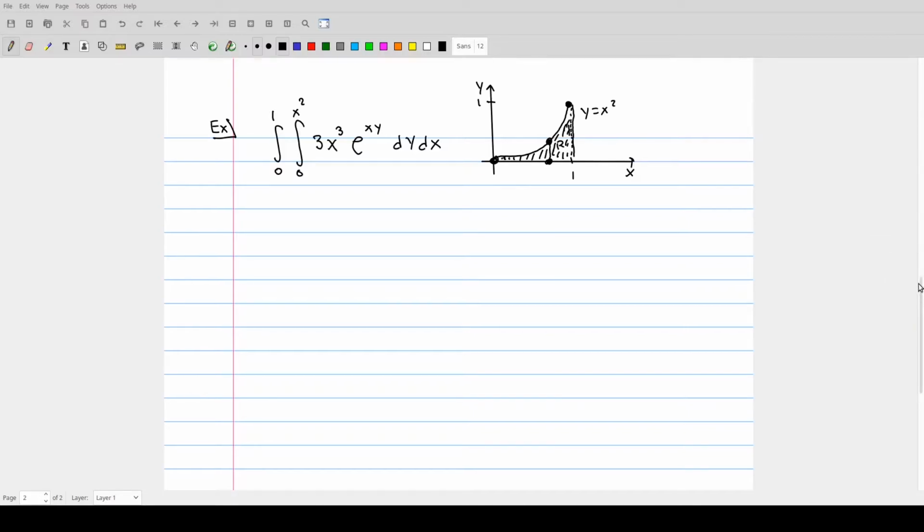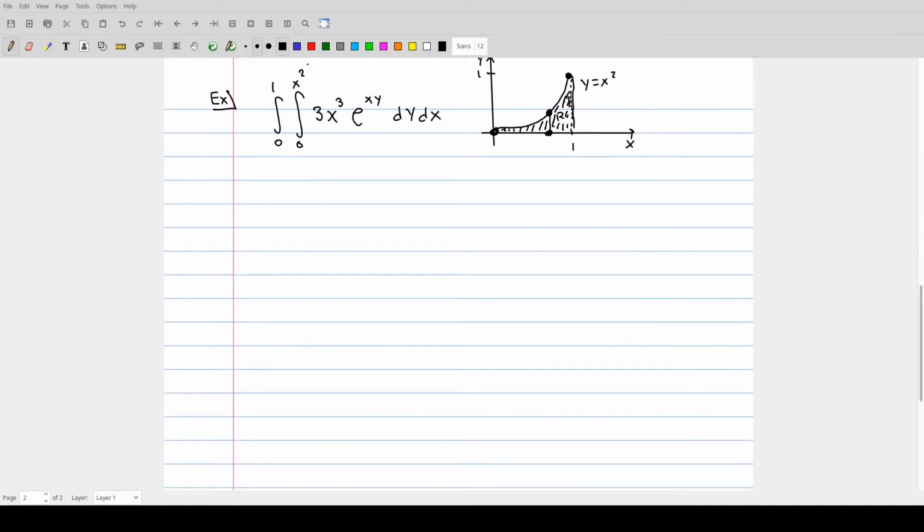So the value of this integration, when we go through and do it, is going to be the accumulation of this function, this is our f of x y, inside this region R. So going through and doing our iterated integral procedure ends up giving us the following. 3x cubed doesn't depend on y at all, so because it's constant with respect to y, we can factor that out of the integration.